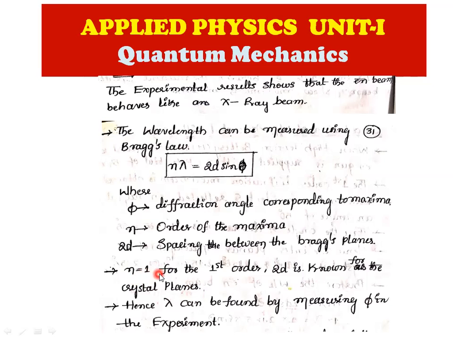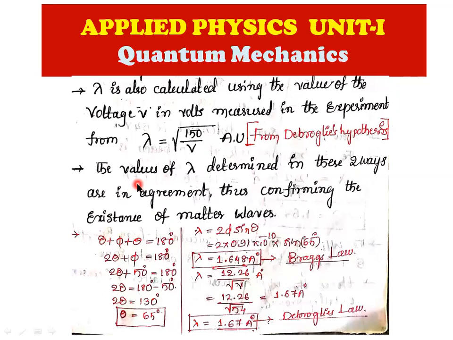Here n is taken as 1 for first order diffraction. d is known for the crystal planes. Hence, lambda can be found by measuring phi in the experiment.